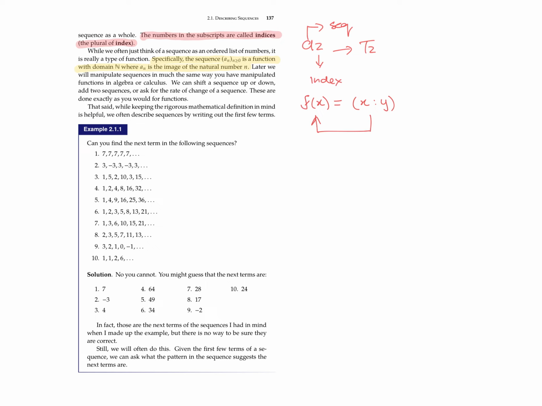So all we're saying here is this is n and a_n. So a_n is determined by the value of n. One is in the domain, and the other one, the image, is in the codomain, if you want to think about it in terms of the previous chapter.